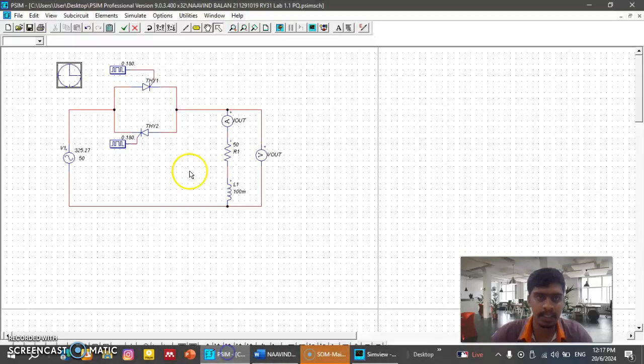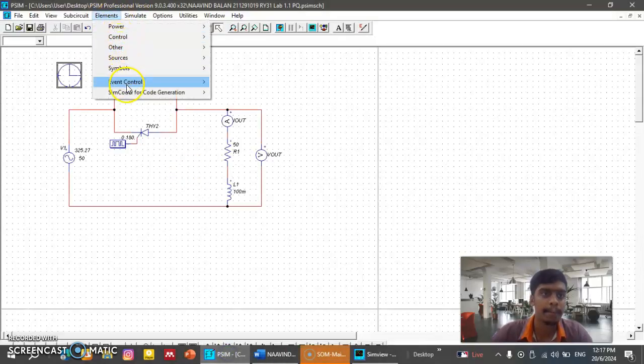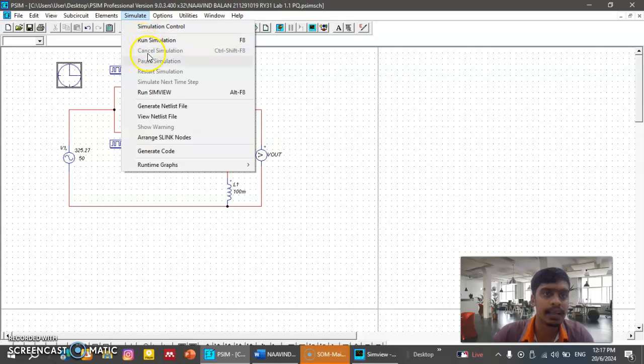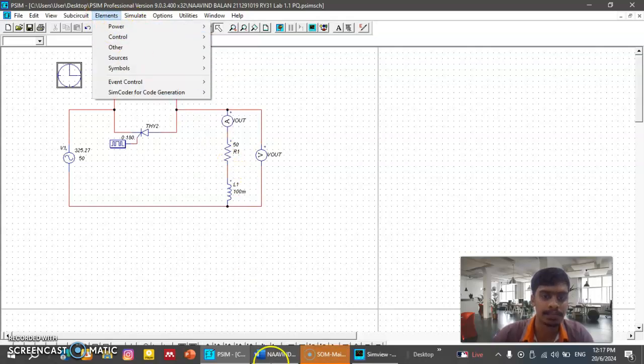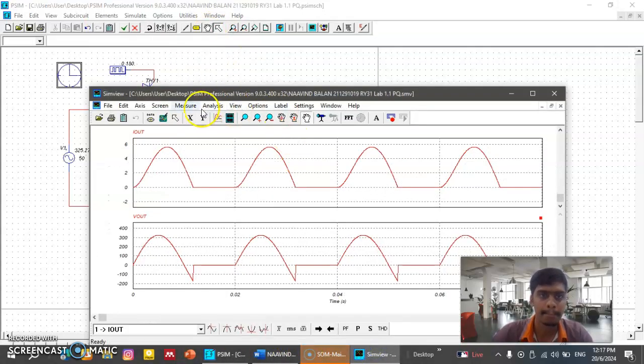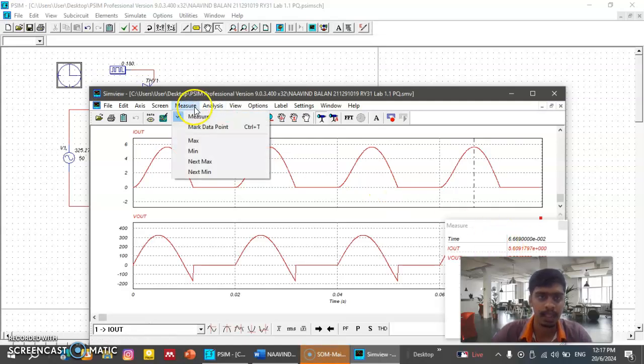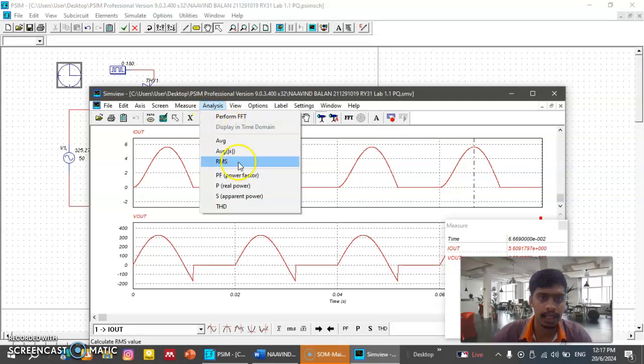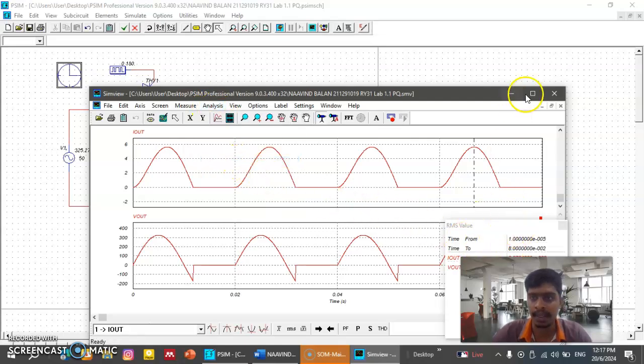Okay, and then it goes for the VRMS. The maximum value I can get from over here, and the RMS value can also be obtained over here.